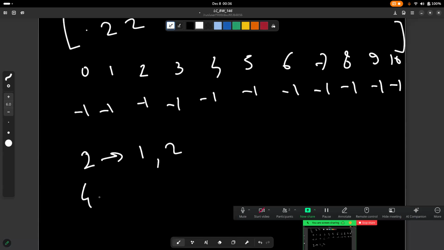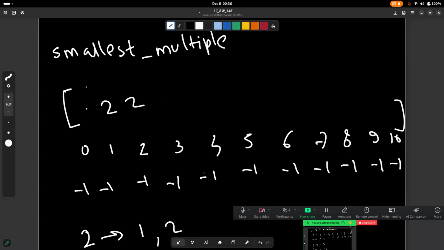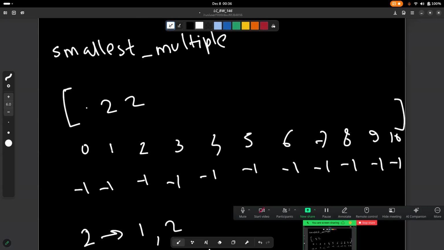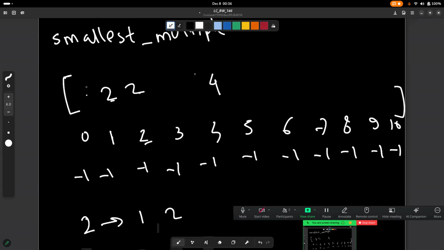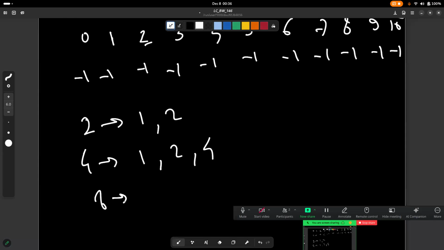Then going on to 4, 4 will have divisors 1, 2, and 4. If you look over here, 1 and 2 have already been set, and they are equal to 2, and 4 is greater than 2, so we don't want to update it. But 4 over here is not set, so we'll set it equal to 4. Next, we'll have 8. 8 will have divisors 1, 2, 4, and 8.